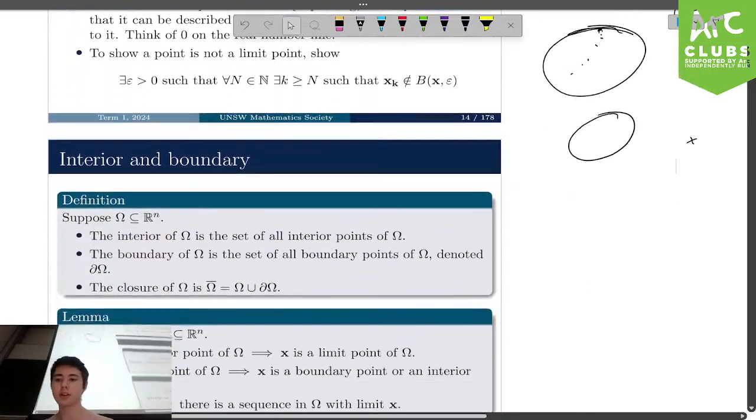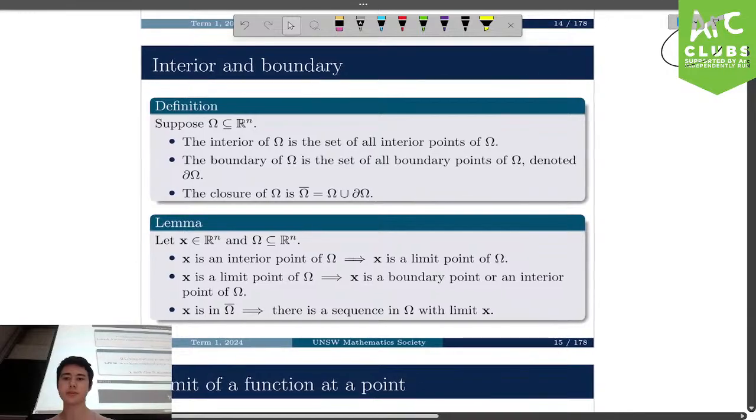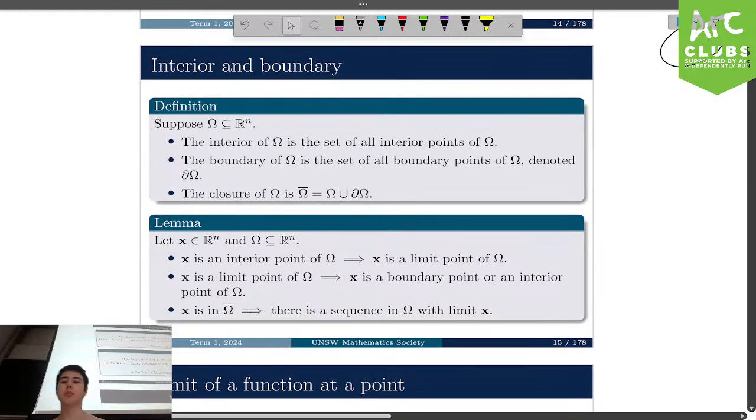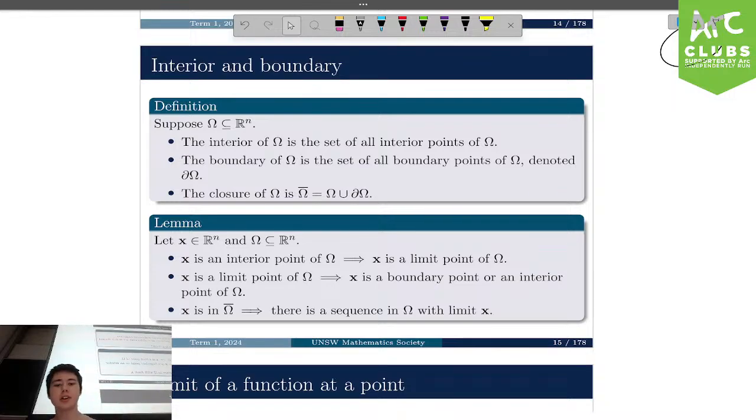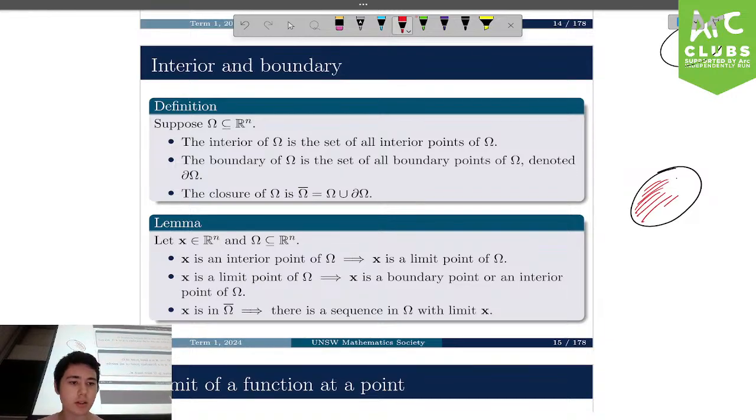All right, fair enough. And let's move on to interior and boundary points, okay? So interior sets, boundary sets. Our interior is the set of all interior points. So for some space, our interior is just the inside, okay? Just the inside, because they are all interior points. There exists some ball size for each of them.